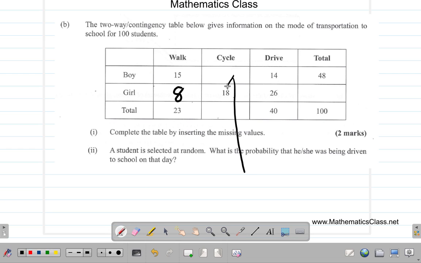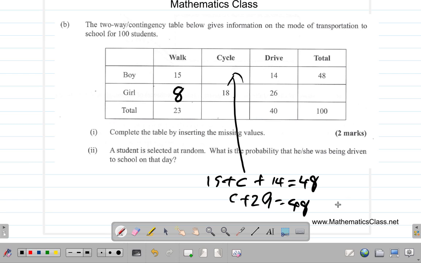For the cycle part, what you're going to have to do is say, 15 walk plus cycle, call it C, plus 14 drive equals 48. 14 and 15 are 29. So C plus 29 equals 48.